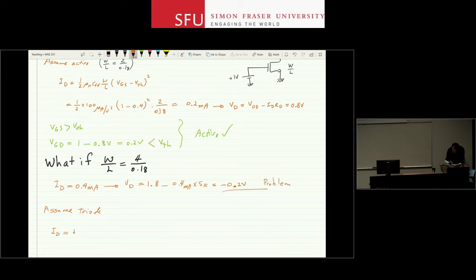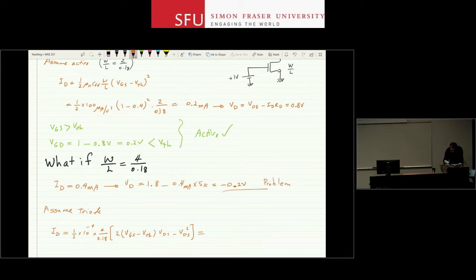Assume triode. And in this case, ID is actually given by a slightly more complicated expression. So it's 1/2 mu N C oxide, so that's times 10 to the minus 4 times 4 over 0.18 times V. Okay?